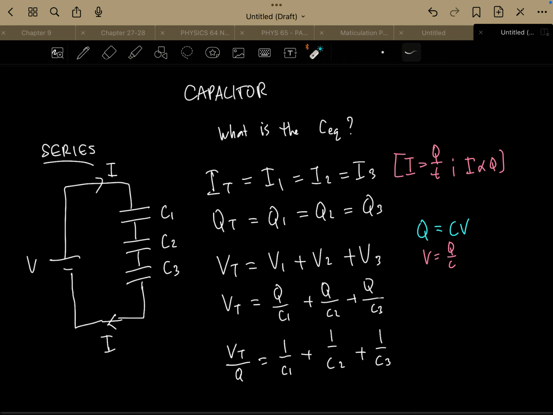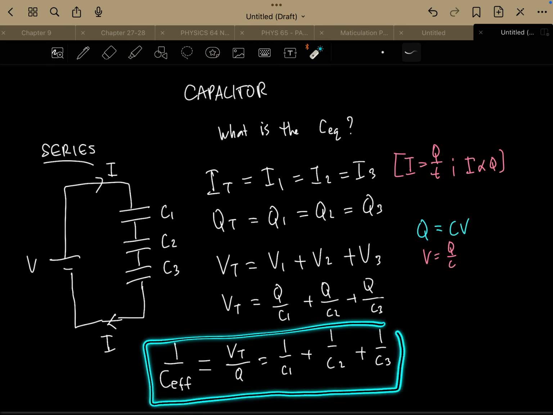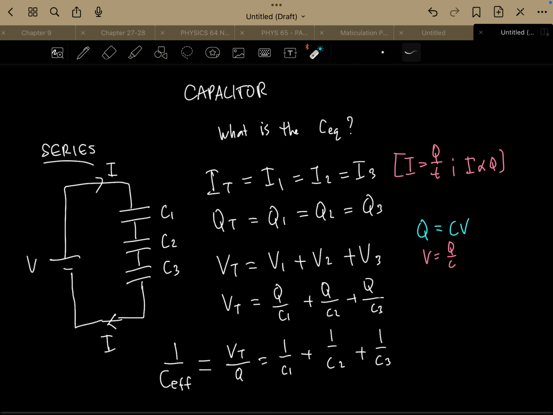Looking at this, if I have V over Q, Q over V is C, right? So V over Q is 1 over C. So here is 1 over C. Basically, our effective capacitance is the sum of the inverse capacitance in series.